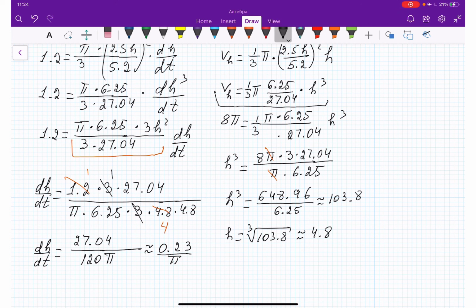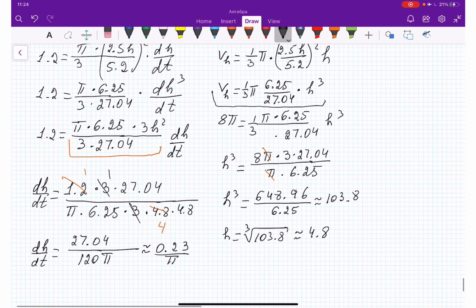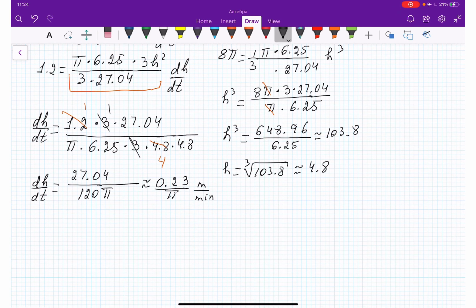Yeah? So this is going to be what? Meter per minute, change in meters per minute. Or if I want to also get the real number of change without this pi, I'm dividing also by 3.14 and getting dh by dt approximately.